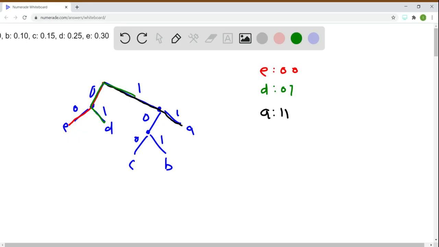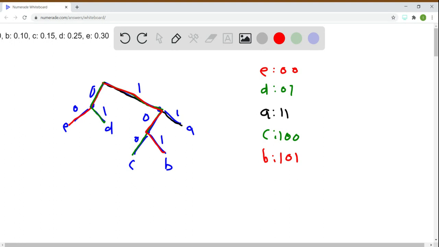For C, this is going to be 100. And then lastly, for B, this is going to be 101.